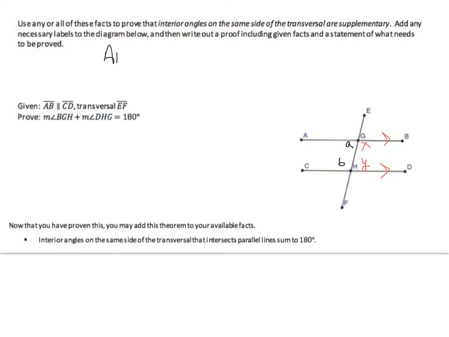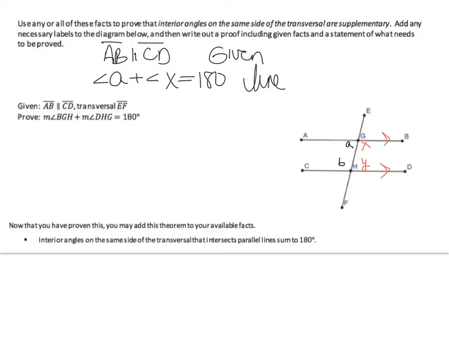So we know that AB is parallel to CD because it's given. Okay, I can also say that angle A plus angle X is 180 because linear pairs are supplementary.